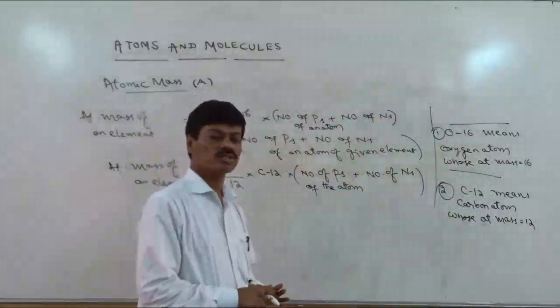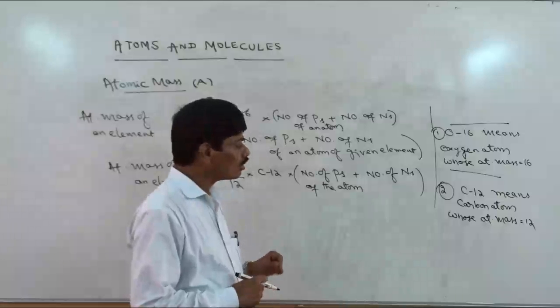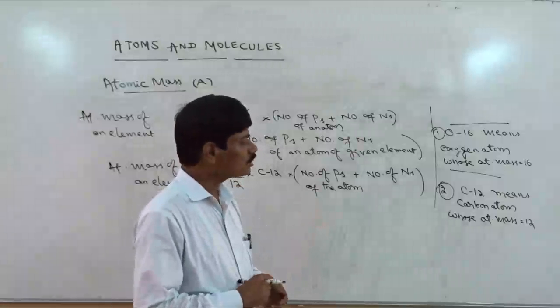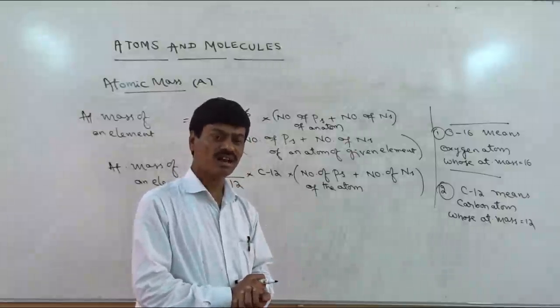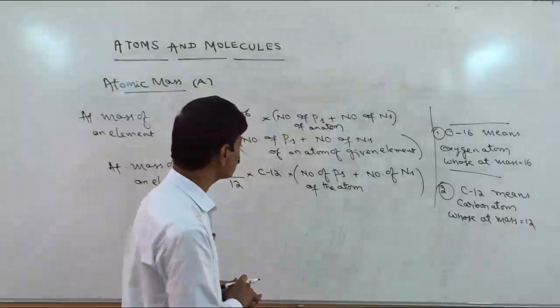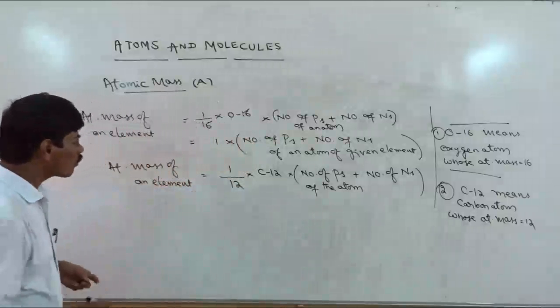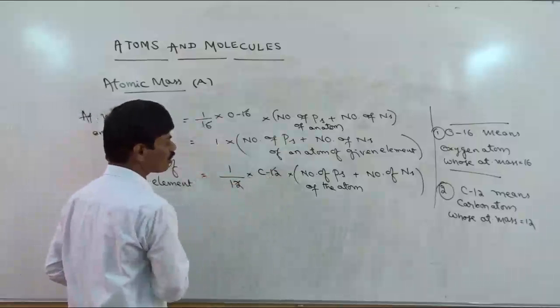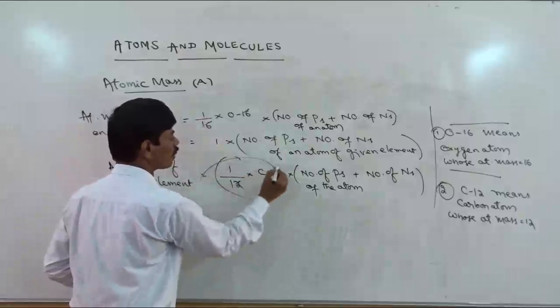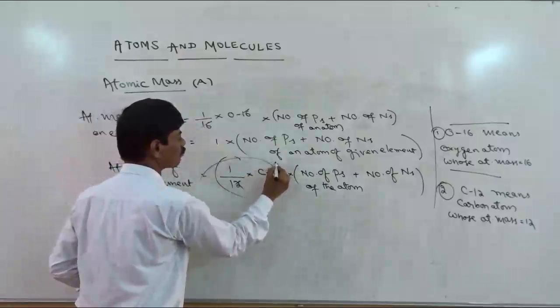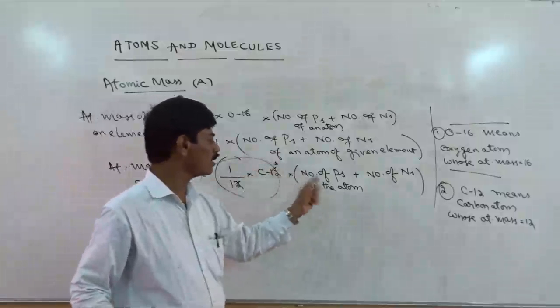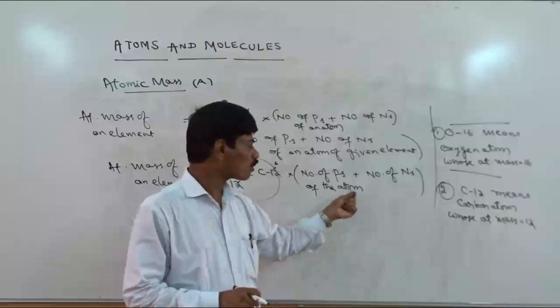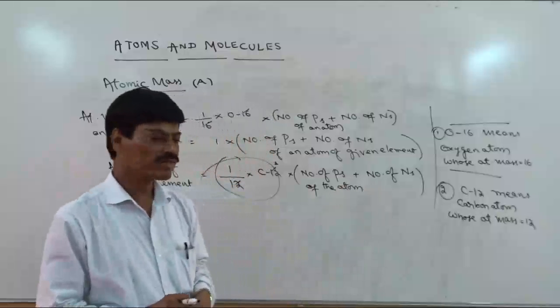We have three isotopes, C12, C13 and C14. This C12 is there in large quantity, that is why C12 is taken. Now, if we compare, this 12 gets cancelled and we will get 1. That means with this 1 we are multiplying the total number of protons and neutrons of the atom.